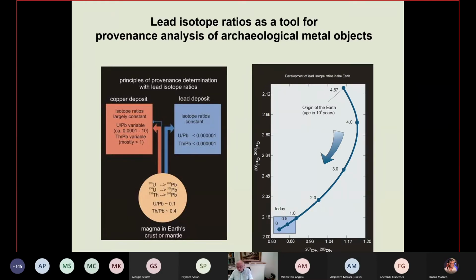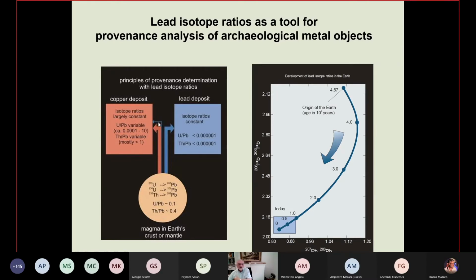But when an ore deposit of lead or copper is formed, then the uranium and thorium are separated from lead, and some certain lead isotope ratio is frozen in. It's not changed anymore since the deposit was formed. And therefore, we can separate different deposits which may have formed in different geological times or in different geological or geochemical situations. The same is true for copper deposits.